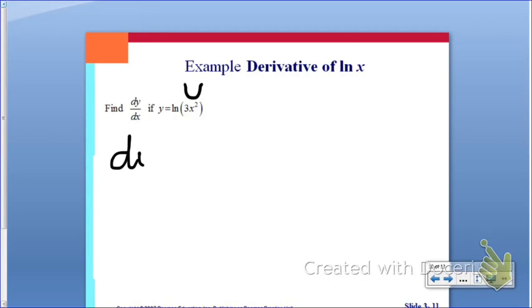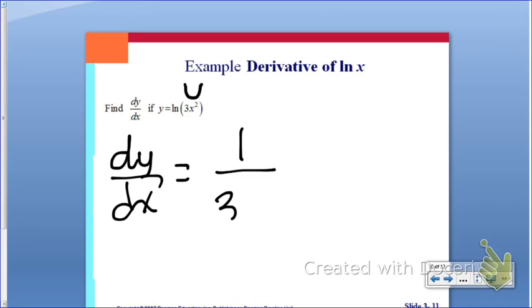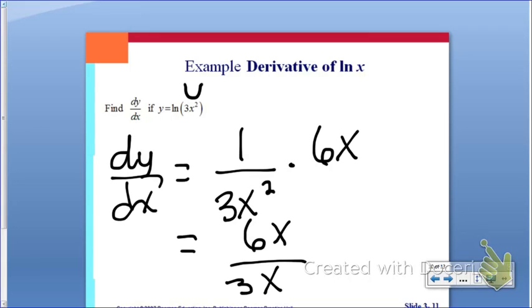Our derivative dy dx equals 1 over u, 3x squared, times the derivative of that, 6x. Simplify, 6x divided by 3x squared would equal 2 over x.